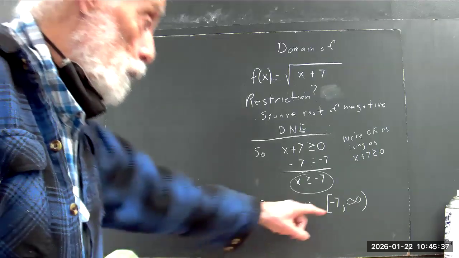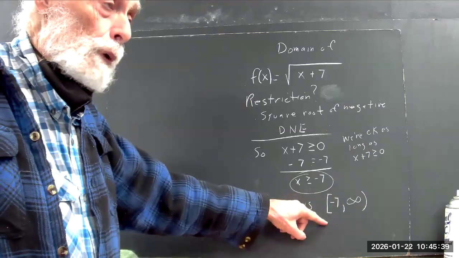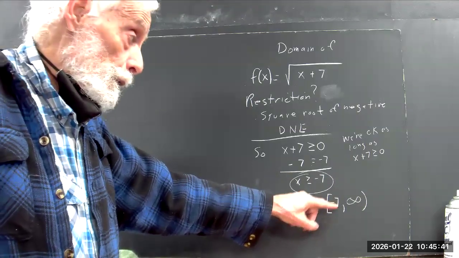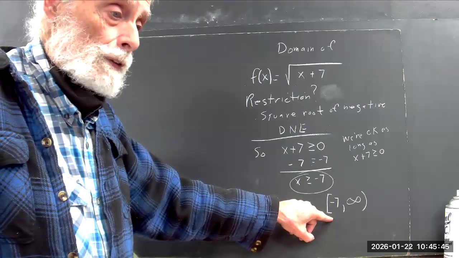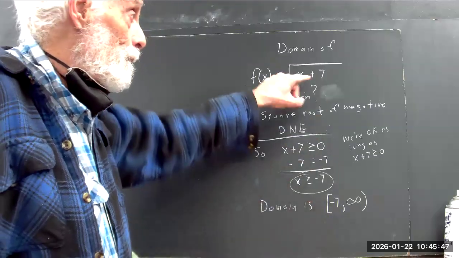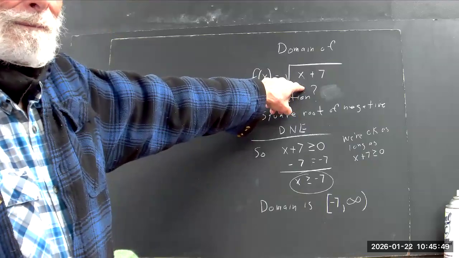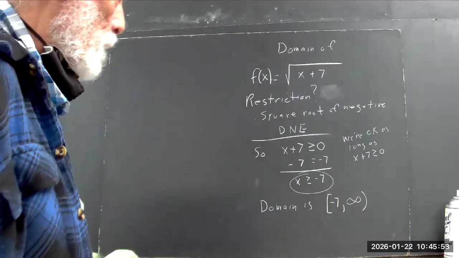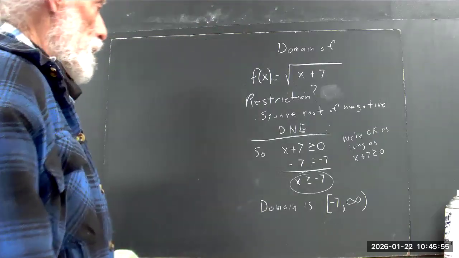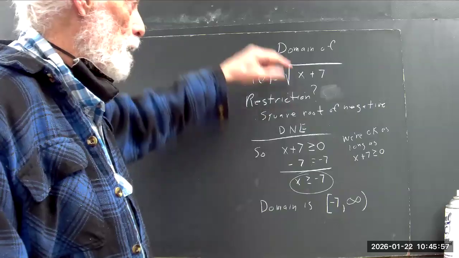Any number, including negative 7, because we're using a square bracket here on the negative 7, any number negative 7 or greater works just fine in this function. Okay.